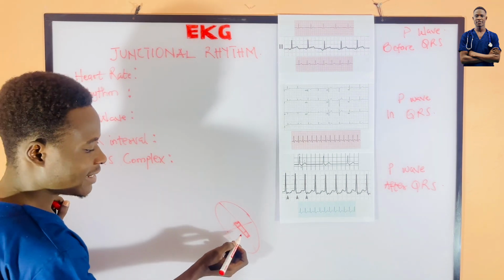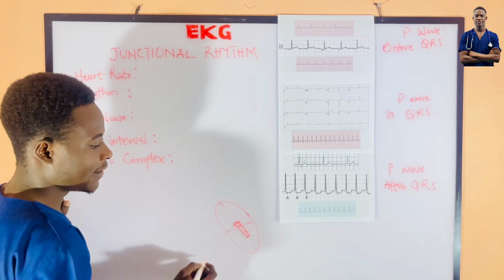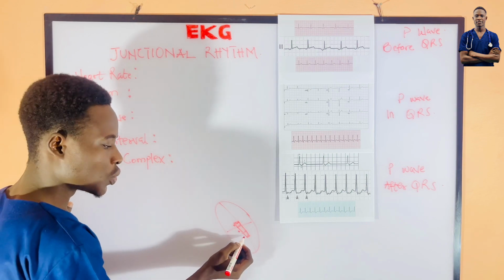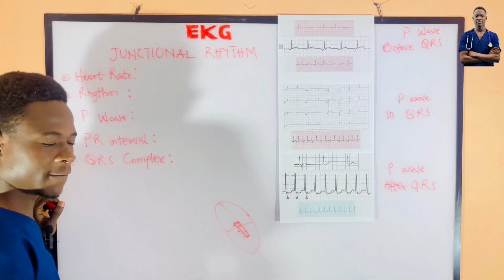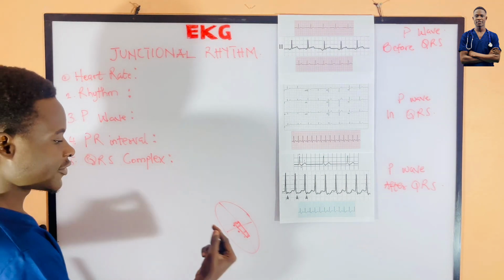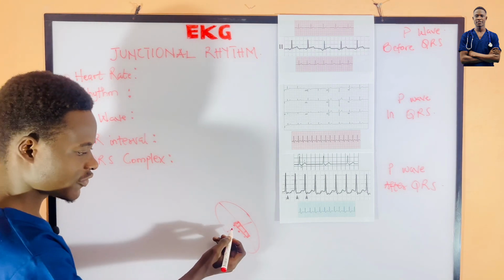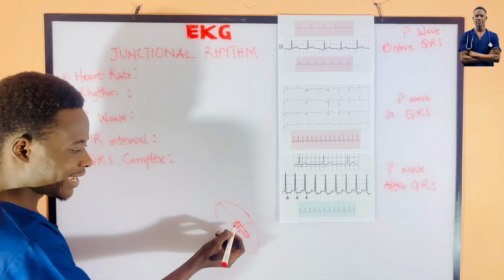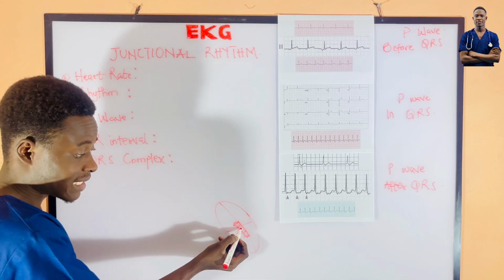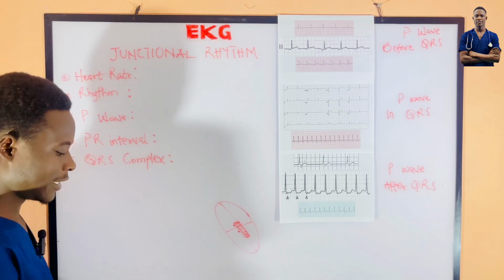We have the first part of the AV node, the middle part of the AV node, and also the last part of the AV node. Now, when we generate electrical impulse over here, it can be at the first part of the AV node, or the middle part of the AV node, or the last part of the AV node.